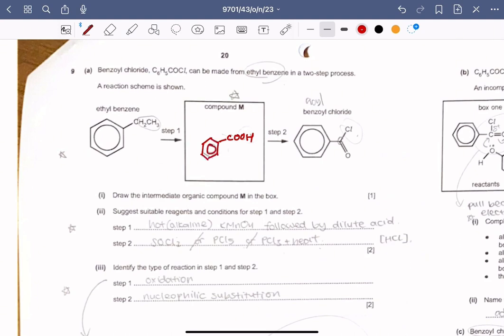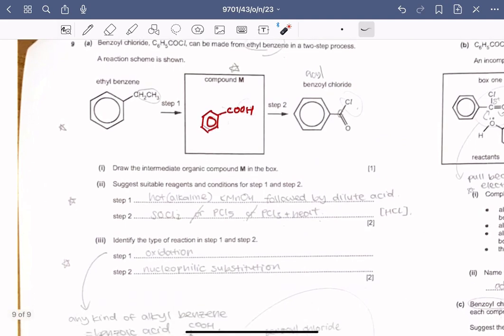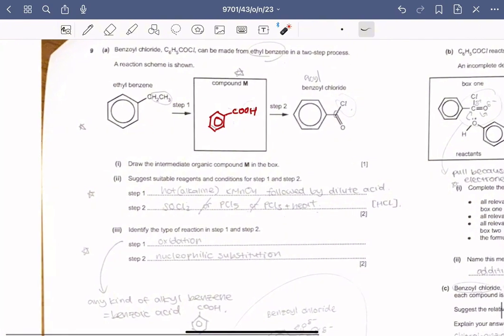And so first benzoic acid is formed, and then it undergoes a reaction to form benzoyl chloride, which is an acyl chloride. Suggest suitable reagents and conditions for step 1 and step 2. Step 1, hot alkaline KMnO4 followed by dilute acid, in a reaction called oxidation.